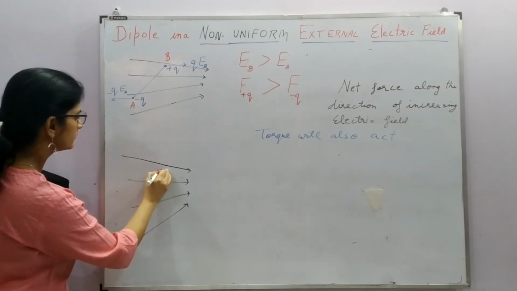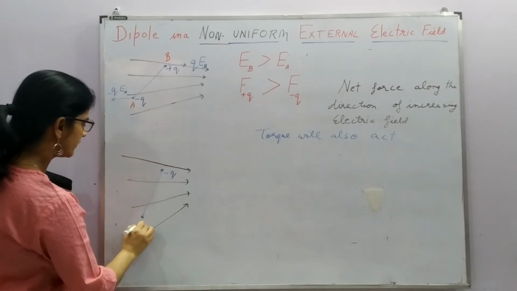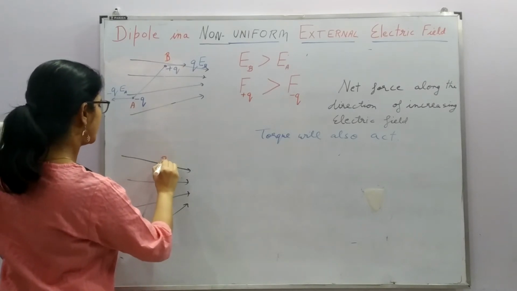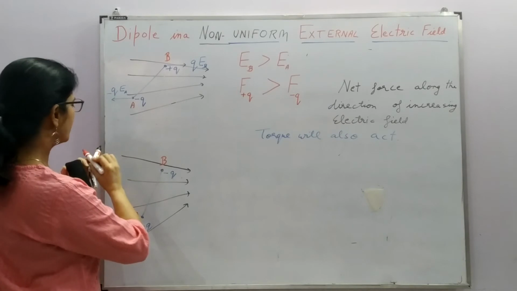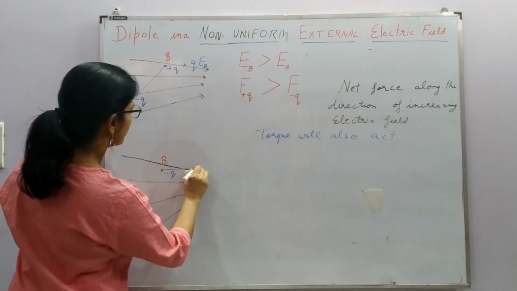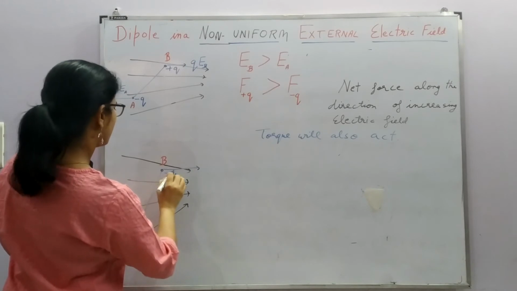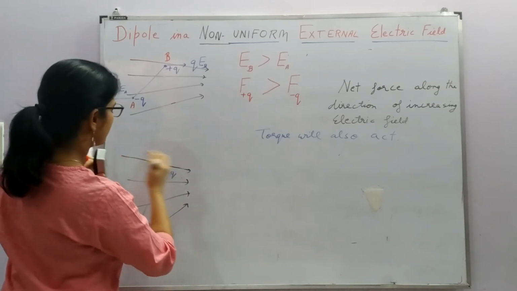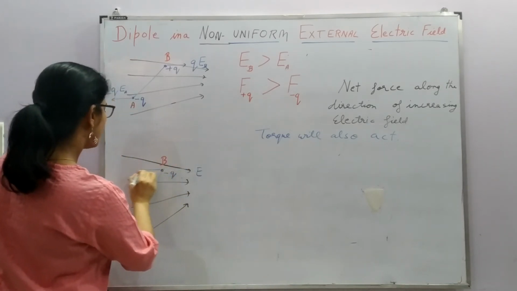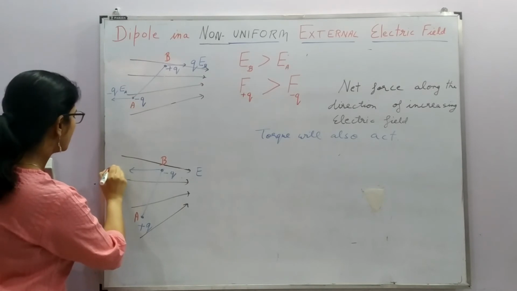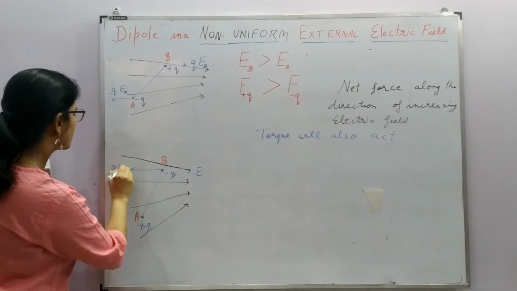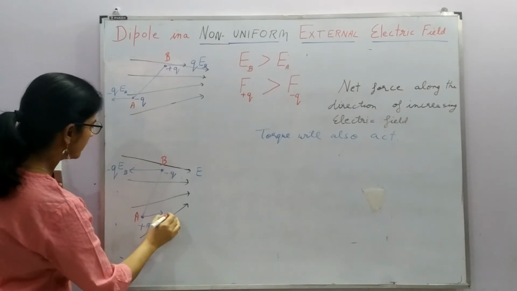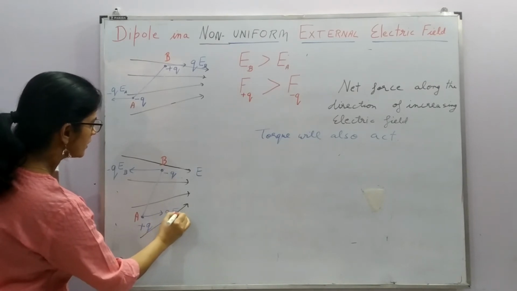This is minus Q and this is plus Q. Now in this case, if we consider this as point B, this as point A, we know that the force on this will be opposite to the electric field. That means this is your electric field. So the force on this will be Q into EB. This will be opposite to it. And force on this will be along, and this will be Q into EA.